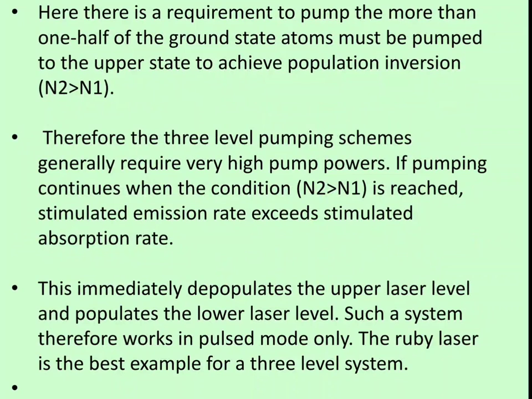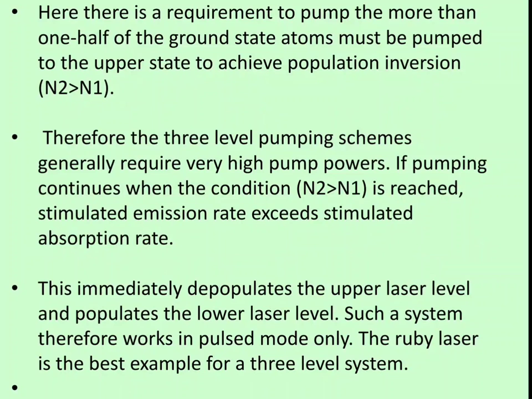If we pump continuously, then the number of atoms present in the E2 energy level is more as compared with E1. So automatically it reaches the stimulated emission rate. So here a stimulated emission process is done, and immediately the atoms jump from the upper level to the lower level.